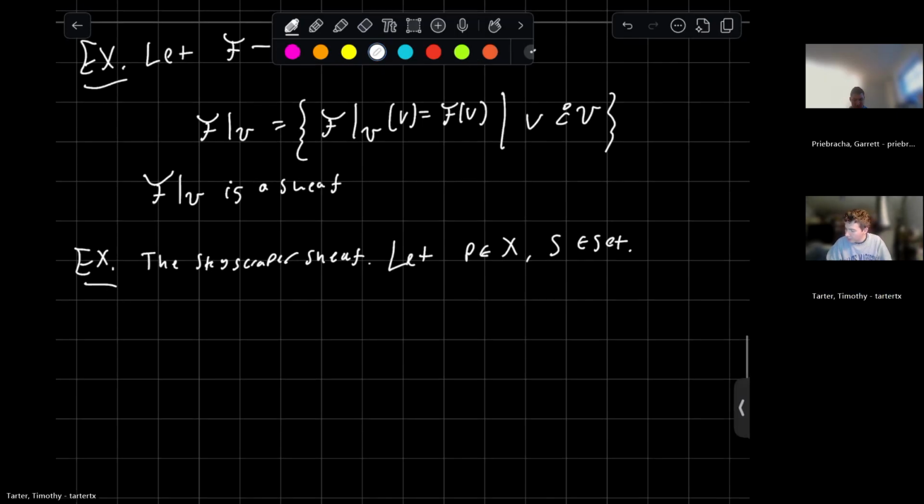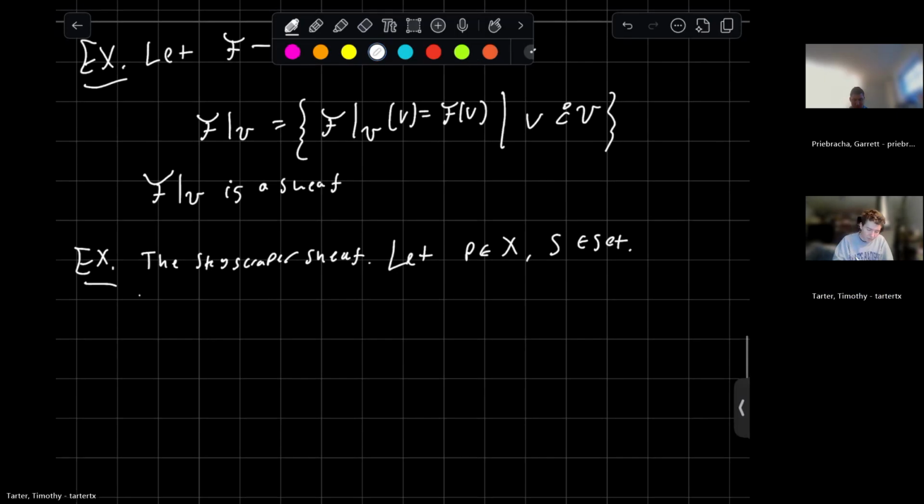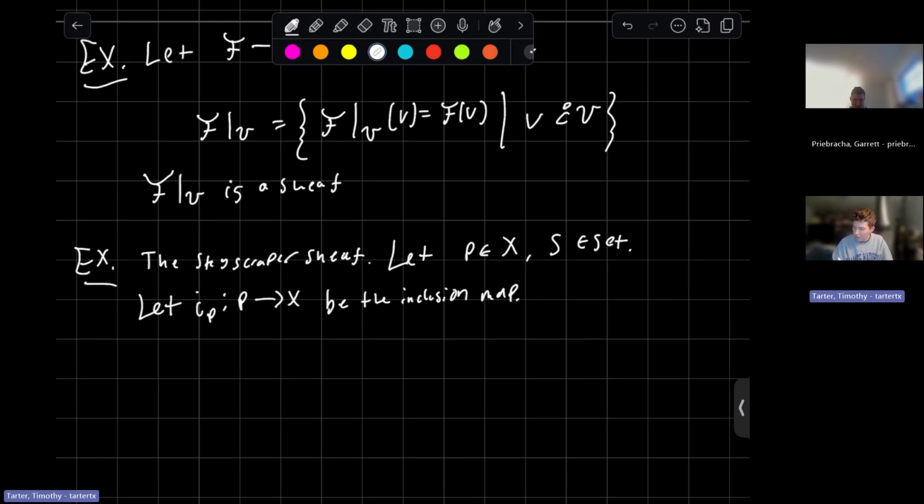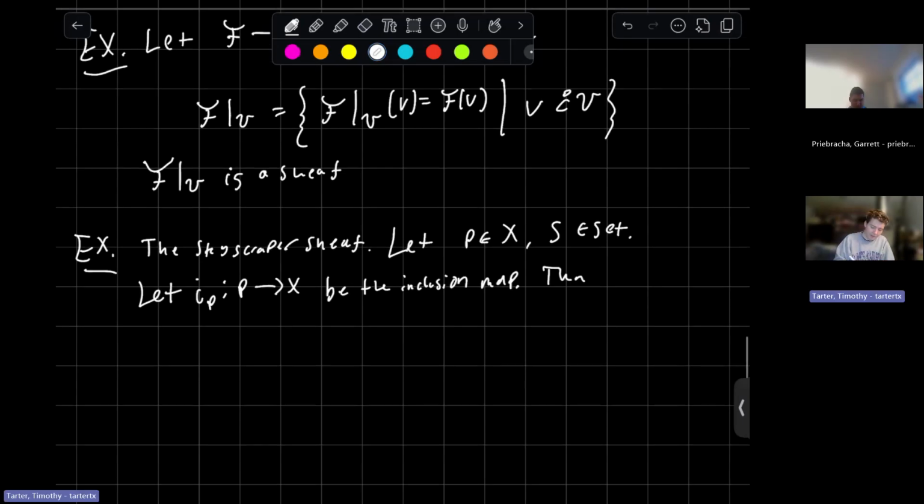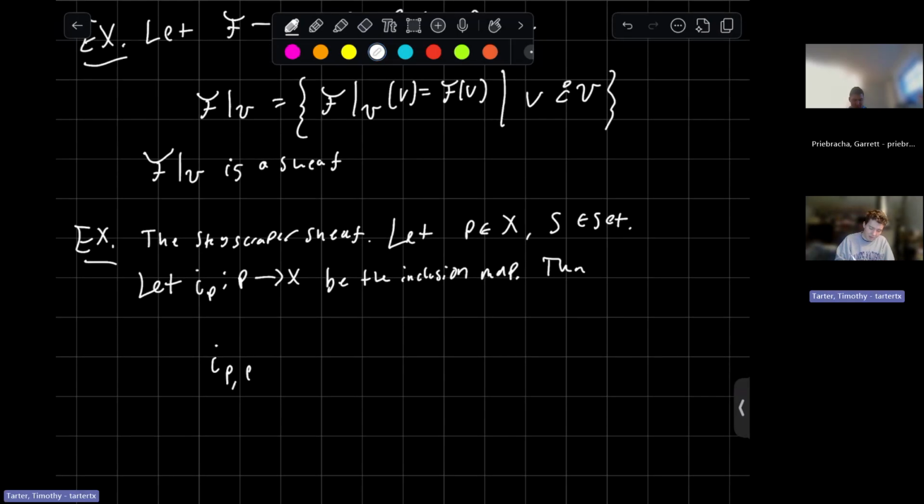Let i_P from P to X be the inclusion. Then i_P,* of S of U.